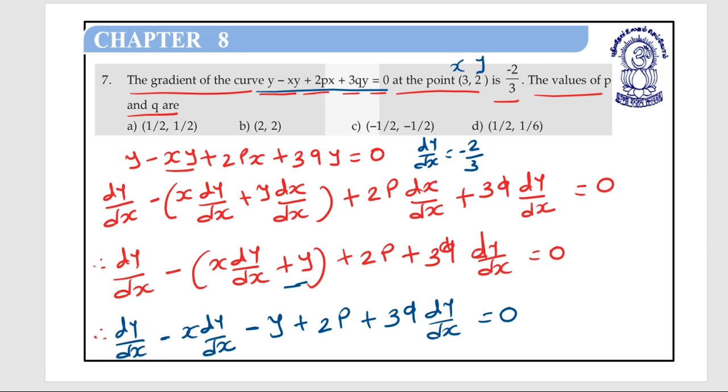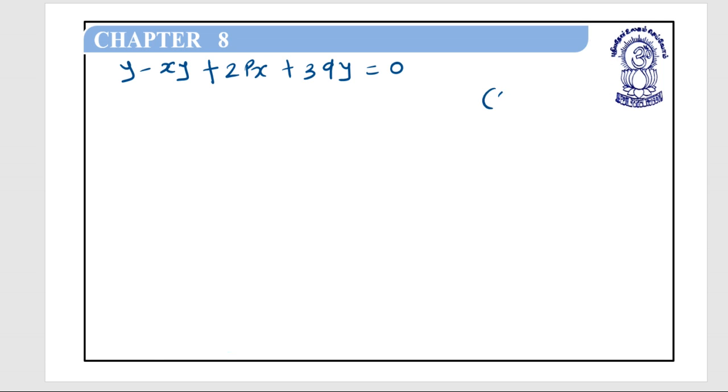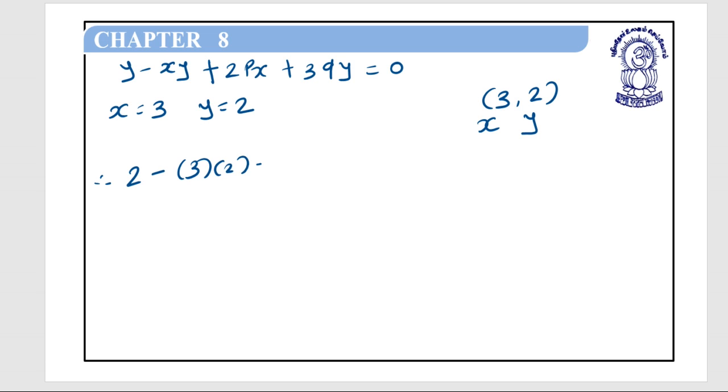The point is 3, 2. X is equal to 3 and y is equal to 2. So 2 minus 3 into 2 plus 2p into 3 plus 3q into 2 is equal to 0.